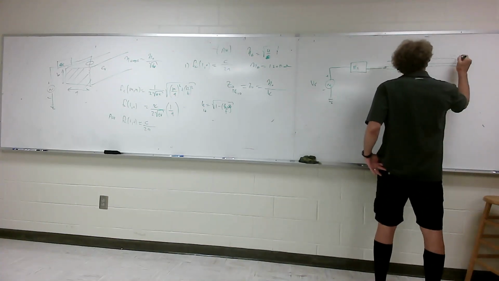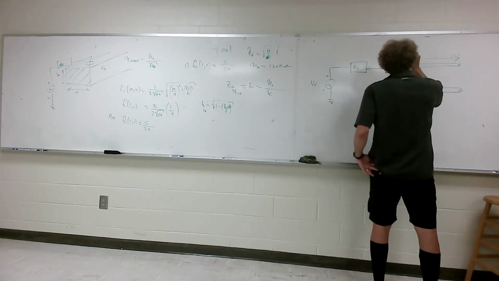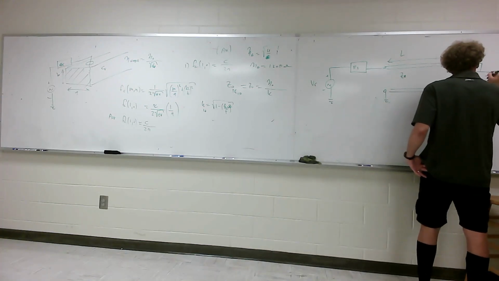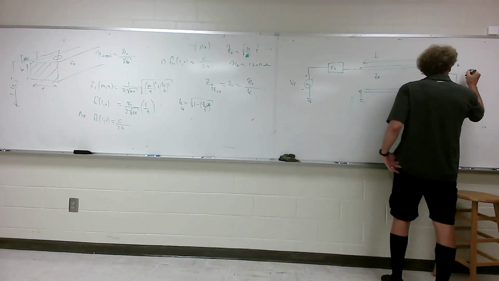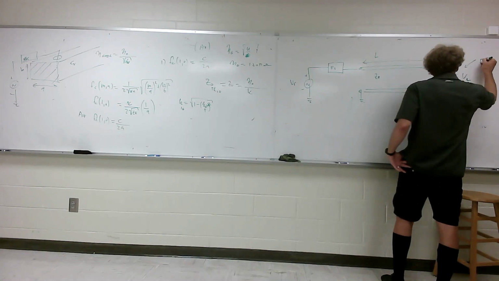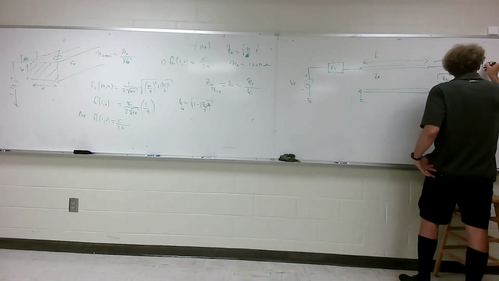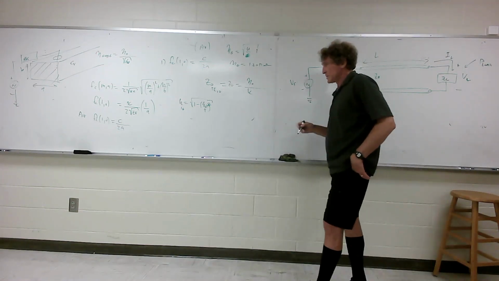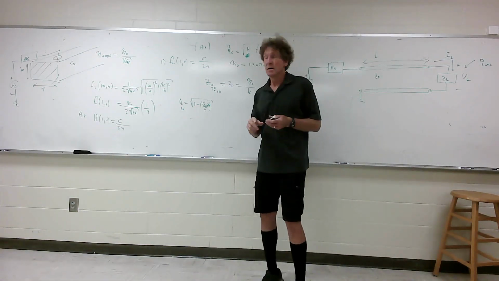It's going to have a certain length here, L. And I'm going to put a load here. And what I want is the voltage across the load, the current through the load, and the power dissipated by the load. Y'all follow me on this?